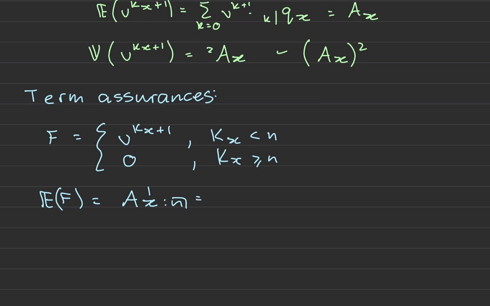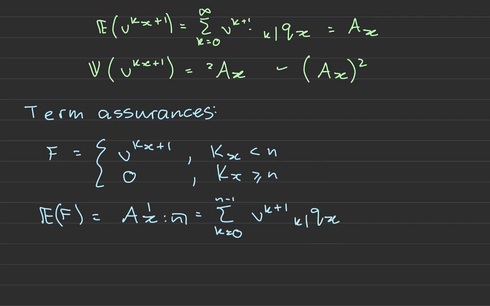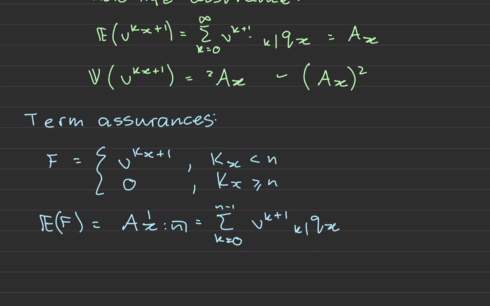And the formula for this is equal to the sum from k equals 0 to n minus 1 of v to the k plus 1, k deferred, qx. Okay, and notice the similarities between this contract over here. What's inside the summation is exactly the same, so I'm not going to repeat that understanding because you should know that based off what I've explained over here.